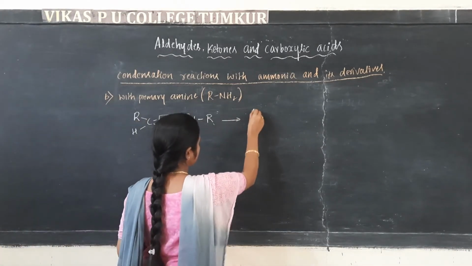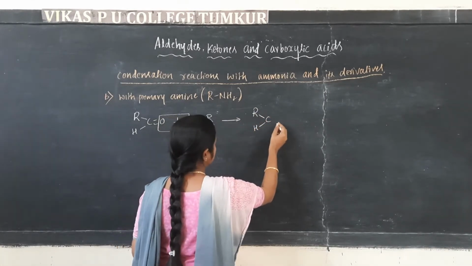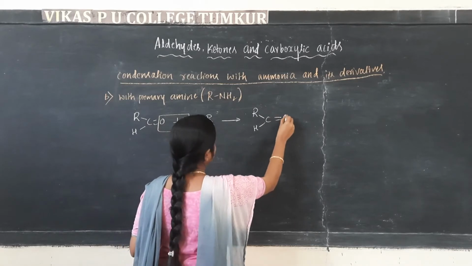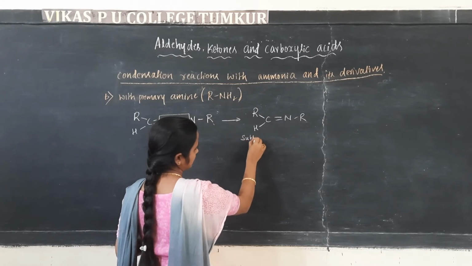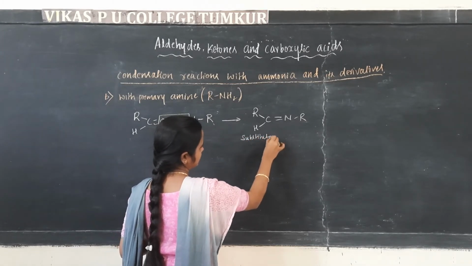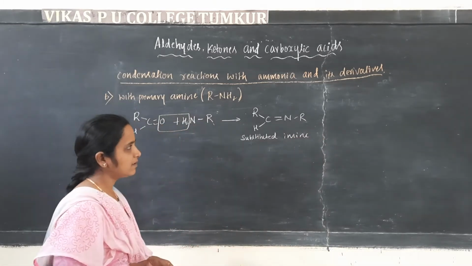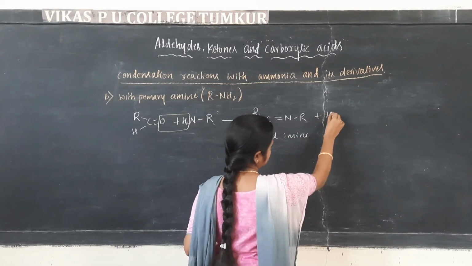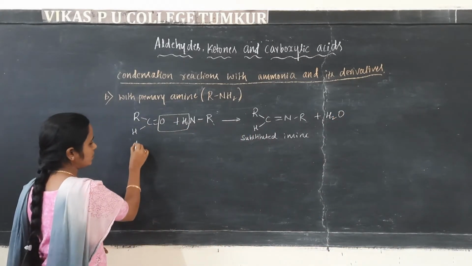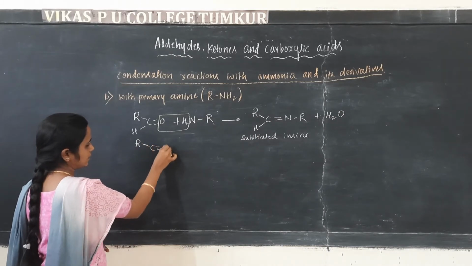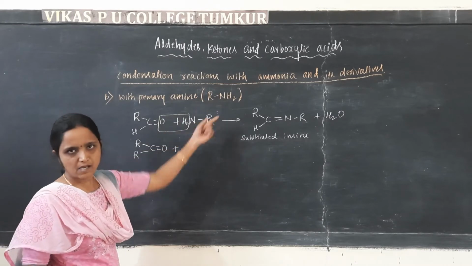Then it forms the product with double bond NR. This is called a substituted imine, plus H2O. Like this only for the ketones. The ketone reacts with the primary amine.